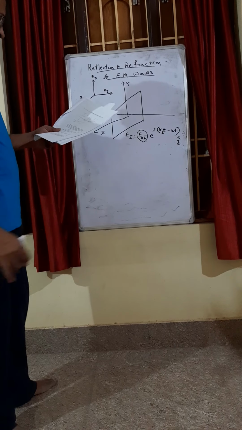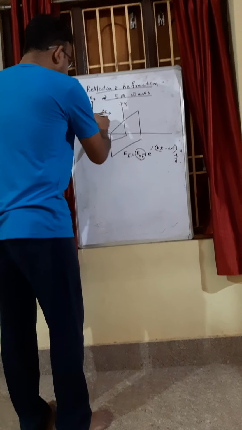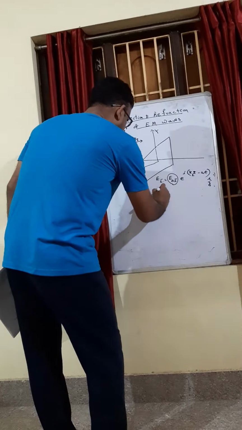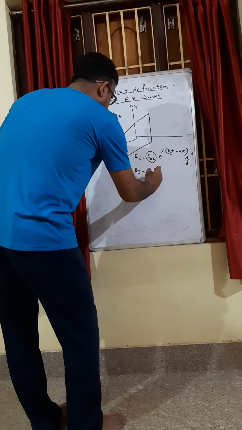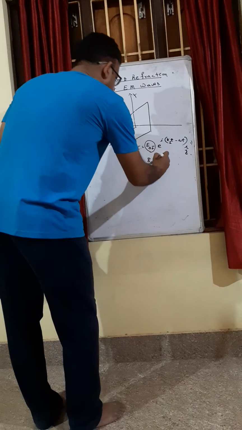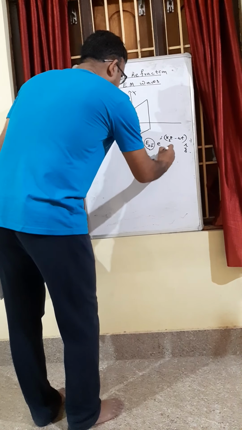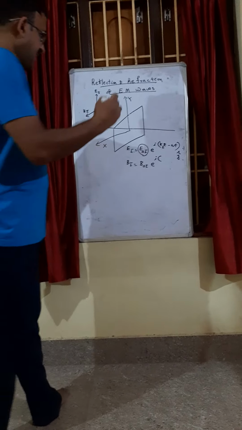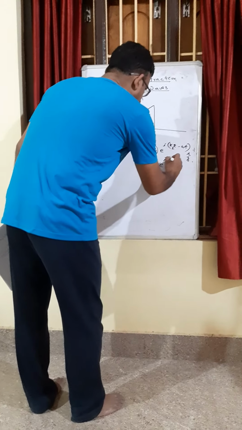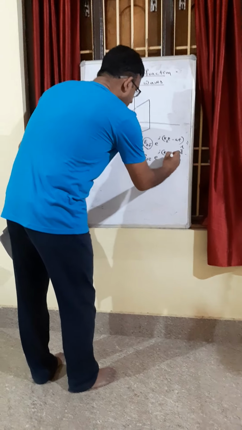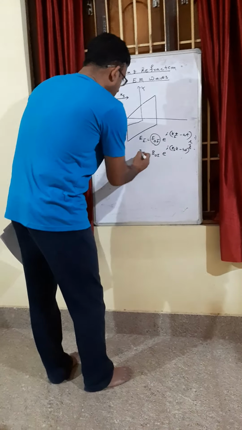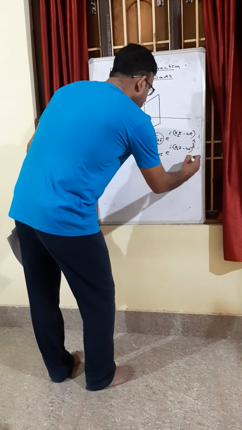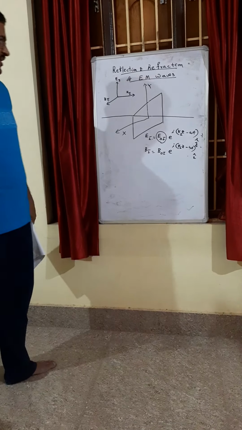Similarly, you can write an expression for the magnetic field that lies along the x-axis. The magnetic field will be equal to B naught i, the amplitude of the magnetic field, then e to the power i, Ki Z minus omega t, but the magnetic field lies along the positive x-axis, so i cap.